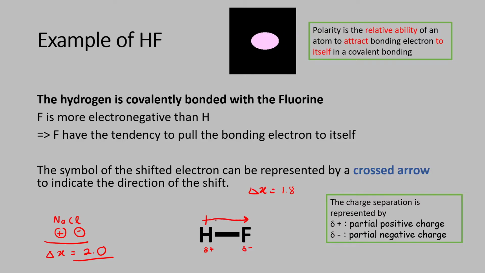So the arrow will be pointing at the direction of the fluorine. Okay, that's what it meant by cross arrow. The arrow is here, so this one is electropositive, while this is electronegative.